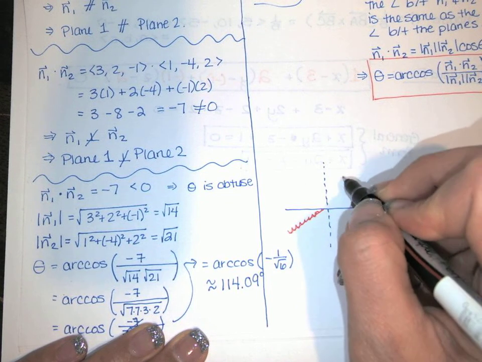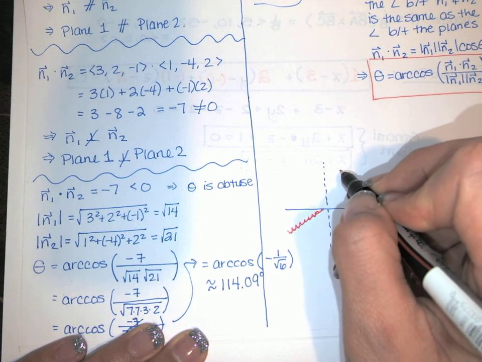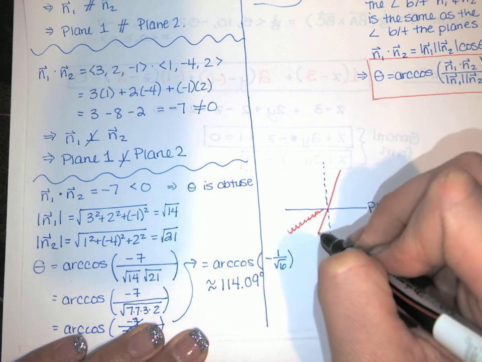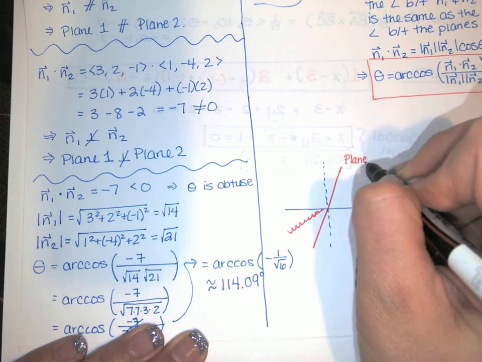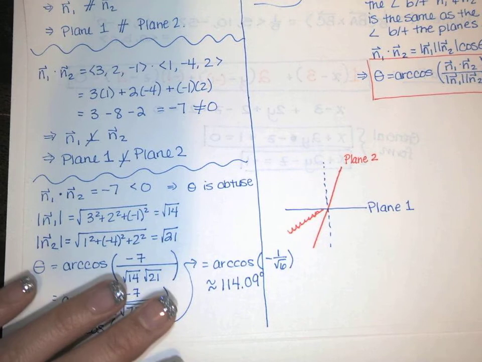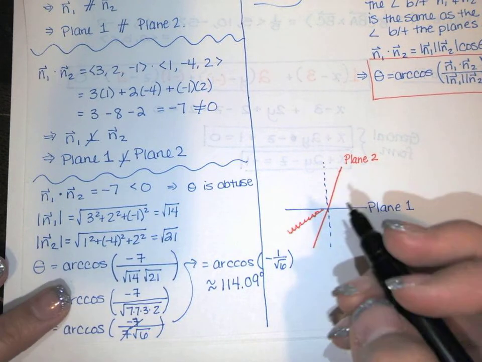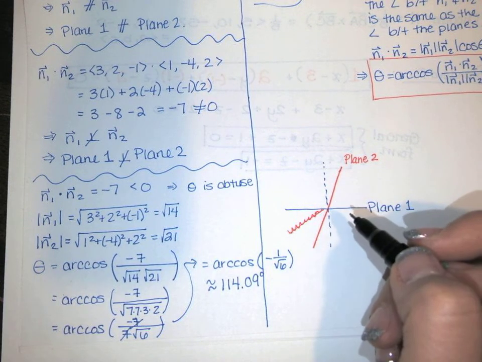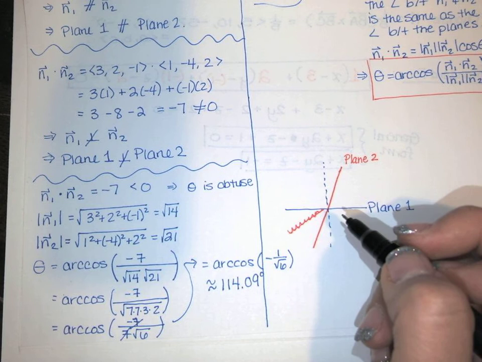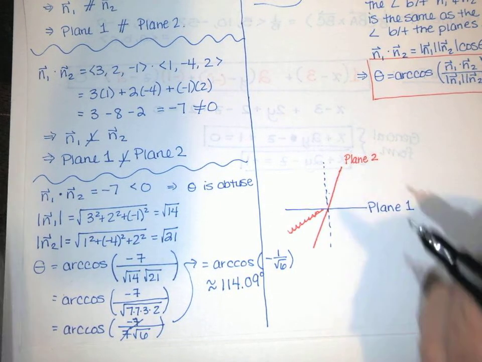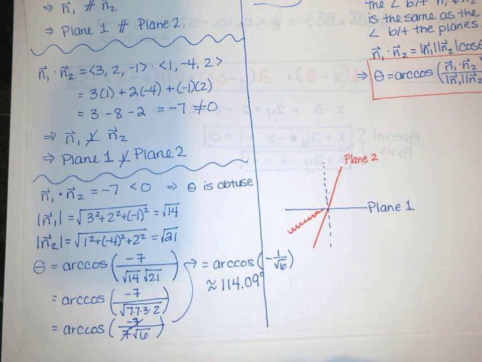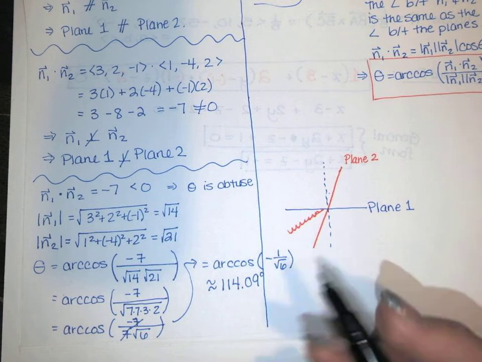So that would be like a third. This is plane 2. And what we just found was the angle between the two normal vectors that were given was 114 degrees.